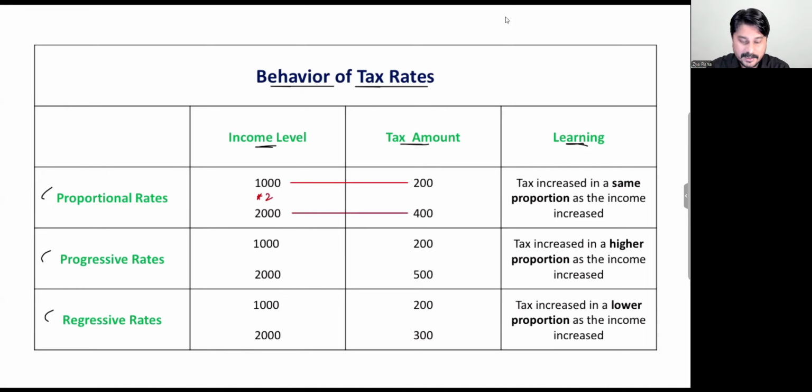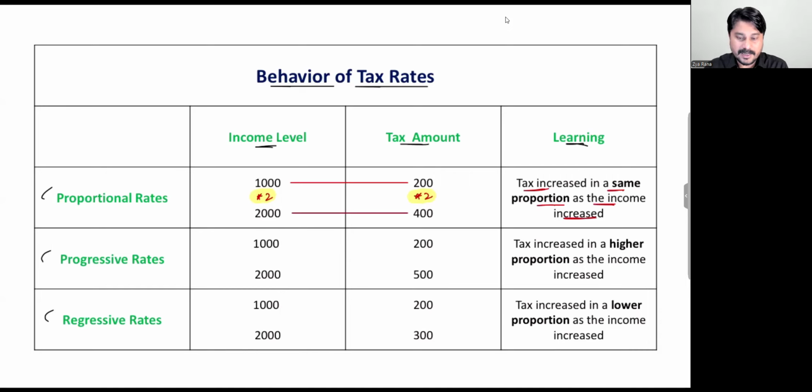You can see that income has increased by the proportion of 2, and tax has also increased in the same proportion. So when such kind of tax rates are applicable, wherein the income and tax both increase in the same proportion, we can say that the behavior of tax rates is proportional tax rates, means tax increased in the same proportion as the income increased.